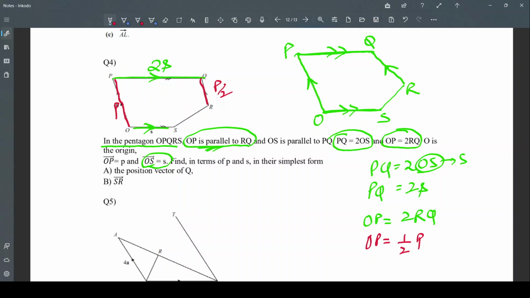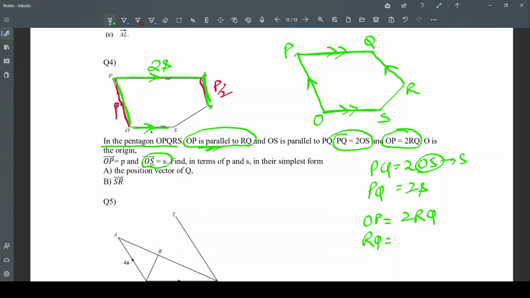So RQ should be equal to, actually this is RQ, so this is just half of this one, right?